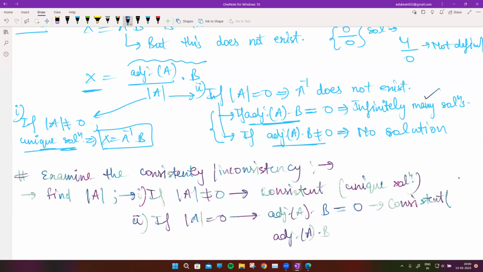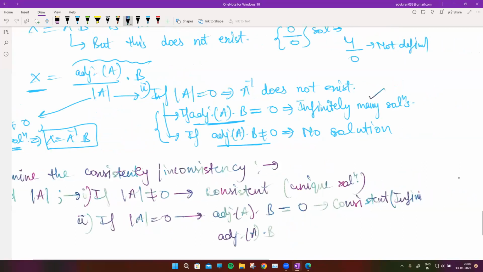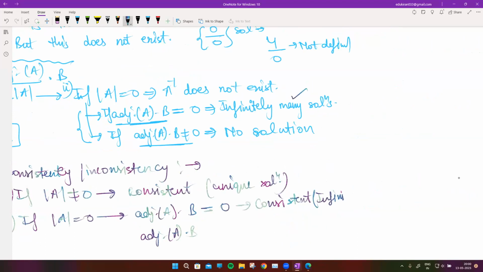There is a solution. Which solution? Infinitely many solutions. And if this is non-zero, then non-zero upon 0 will be inconsistent.